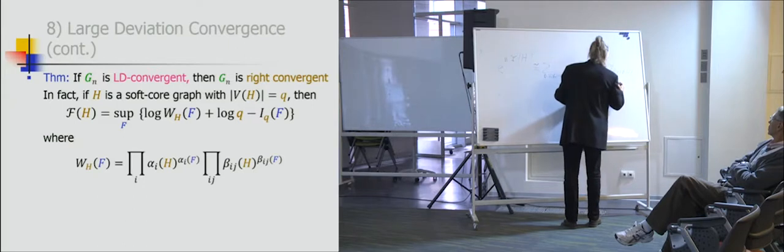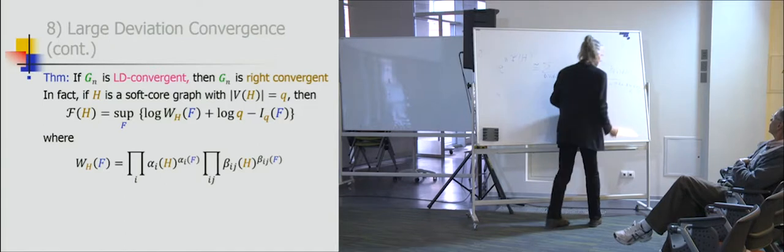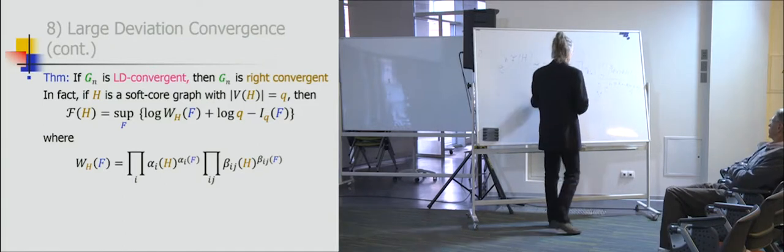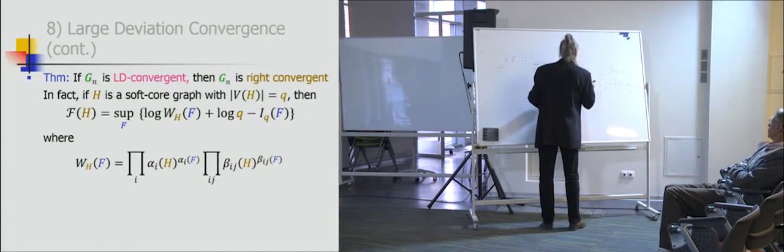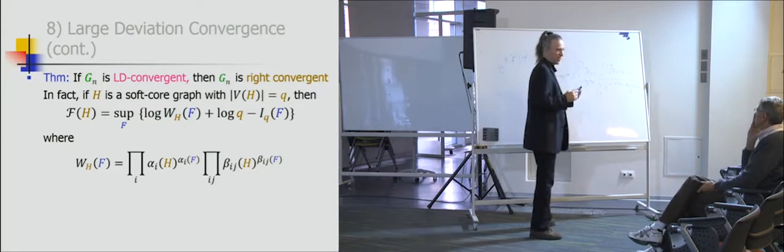And now you get the number of red-blue edges divided by n. In a similar way, you get here e to the n times the size of red divided by n, and then the product over all reds and blue and so on.